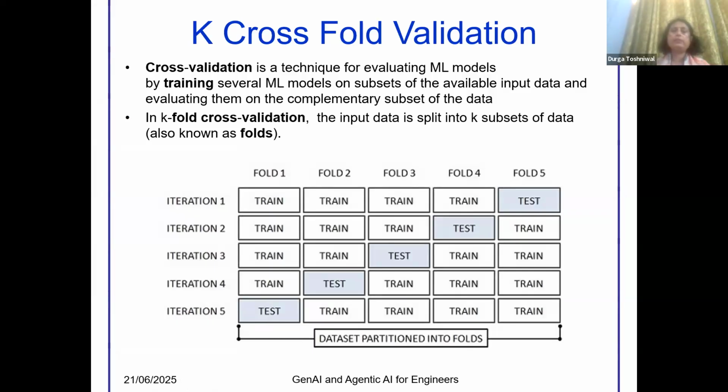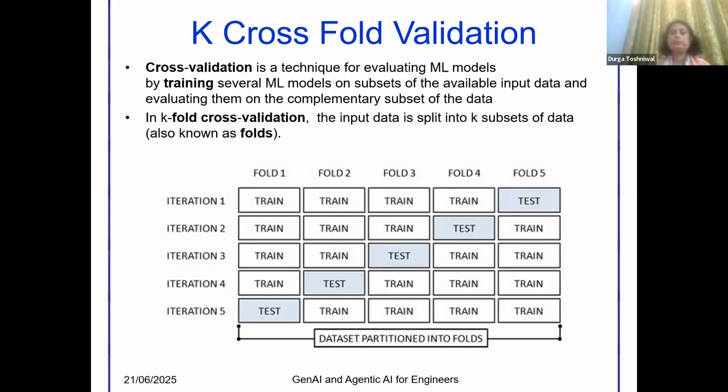We tried to vary the split from 60-40, 70-30, 80-20, 90-10 like that. After looking at the performance, we decided to choose one particular split, the 80-20 split, for further model building and analysis. Now, that was one way of splitting the given data into train and test.